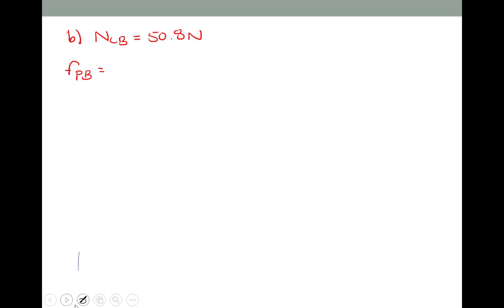So in that case, since it's now going to be moving, I need to move over to kinetic friction. So that is going to be 0.03 multiplied by 441 newtons plus 0.42 N_CB.